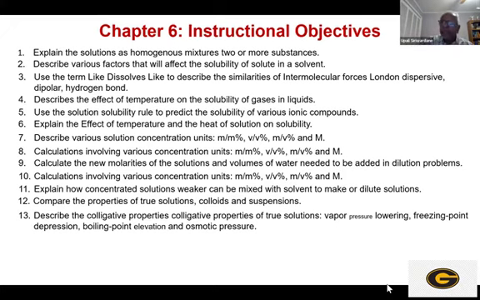So the most important colligative properties are freezing point depression, boiling point elevation, and osmotic pressure. We're not going to talk about vapor pressure lowering.